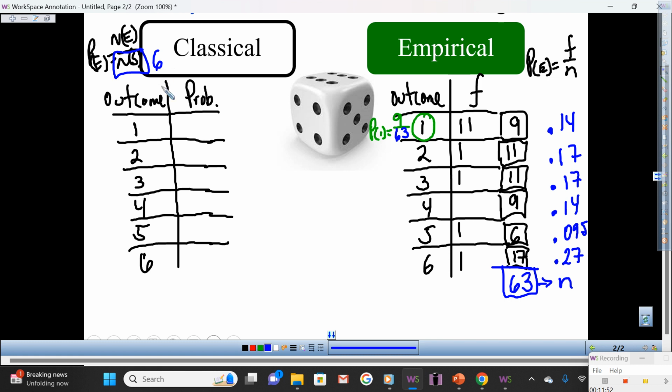Okay, so if I was to roll a die, what are the outcomes of rolling a 1? A 1. Yeah, 1 over 6. How about a 2? How about a 3?